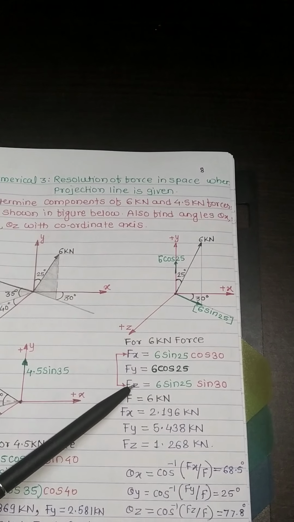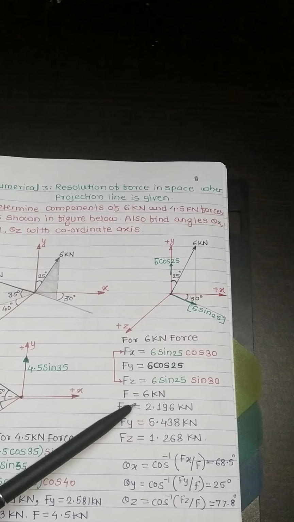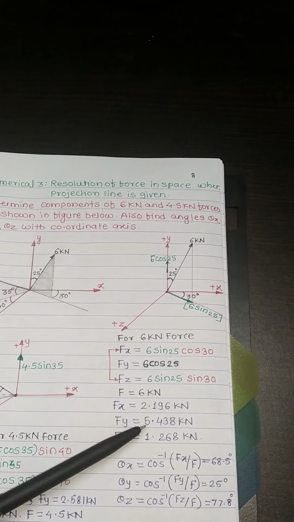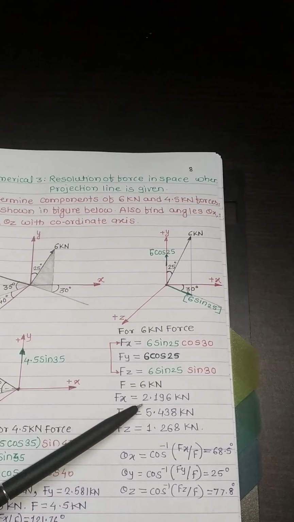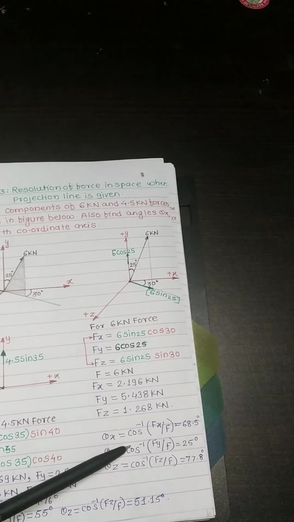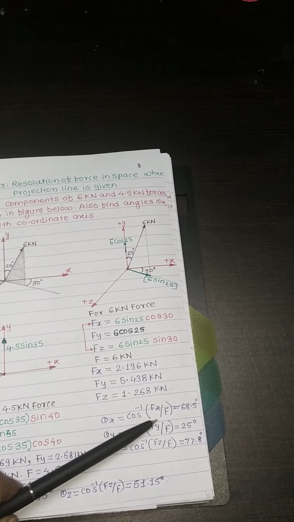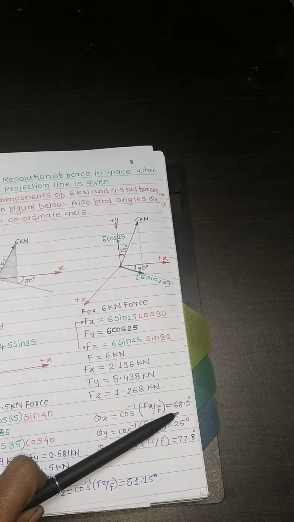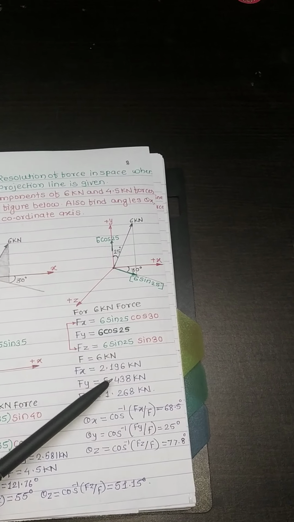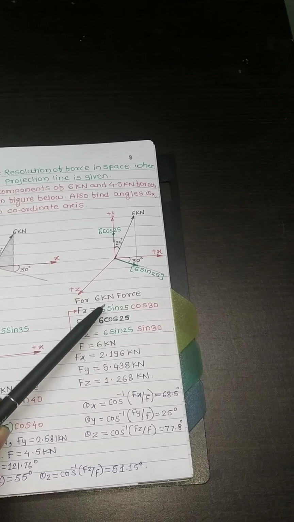Now, the same way we can say that the magnitude of the force 6 kN has components along x, y, z as fx, fy and fz in this manner. We know that theta, with its cosine direction, is defined as cos inverse of fx upon f. Theta x is equal to cos inverse of 2.196 upon the magnitude of the force, 6 kN.